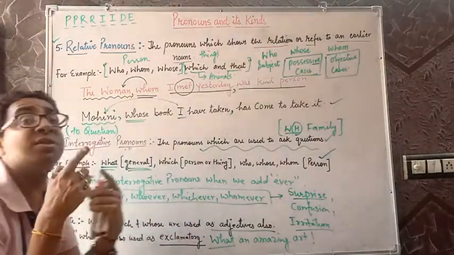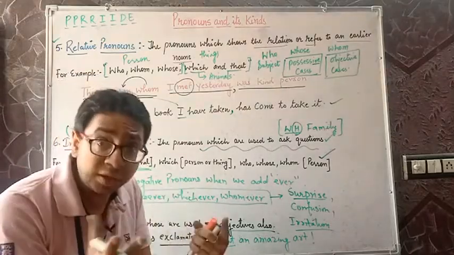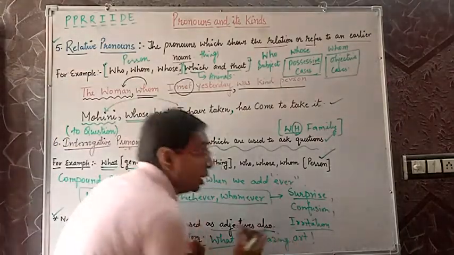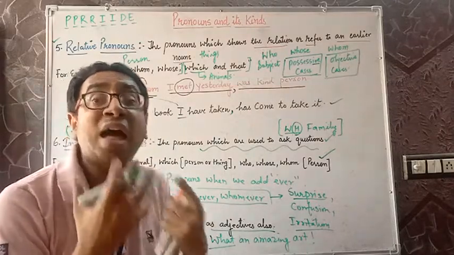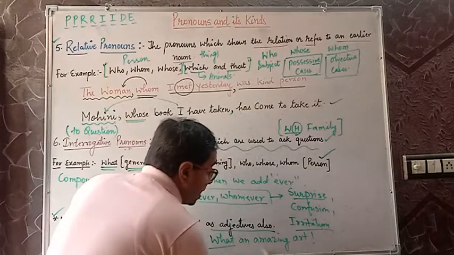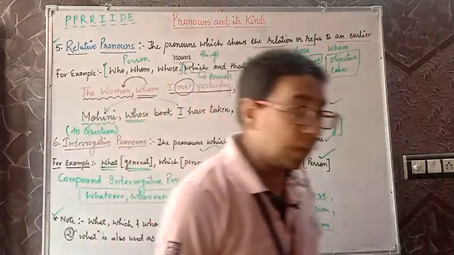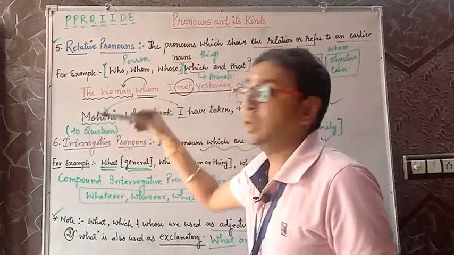It's like you are surprised, you are happy, you are feeling good with what is happening. You are amazed. So what an amazing art is an example of exclamation. Clear with this? Any doubt anyone is having with relative pronouns and interrogative pronouns?